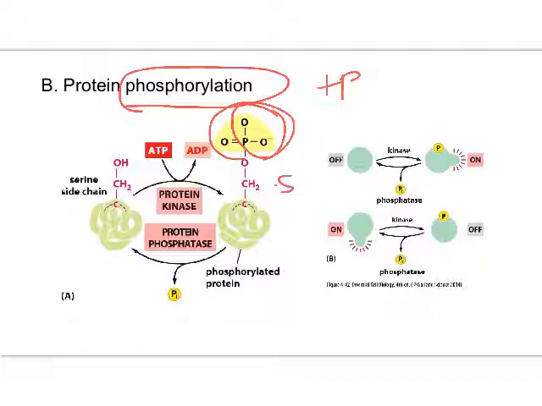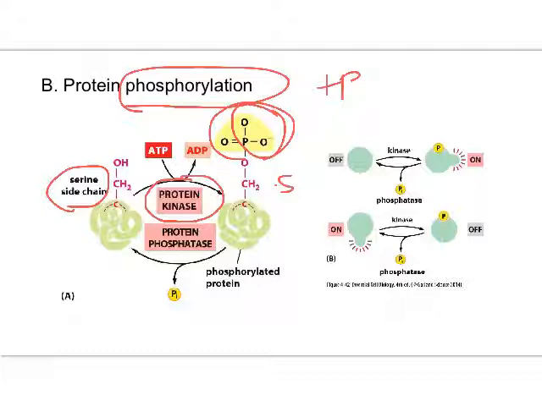This example on the left, A, again shows the protein and the serine side chain that's modified by phosphorylation, and the enzymes that do this are called protein kinases. So a kinase is any enzyme that's going to add a phosphate group to a protein.